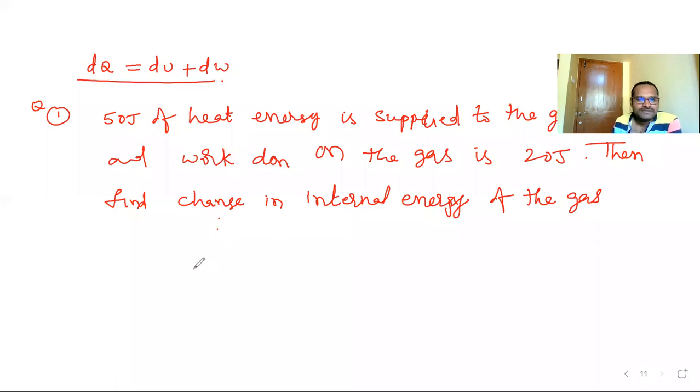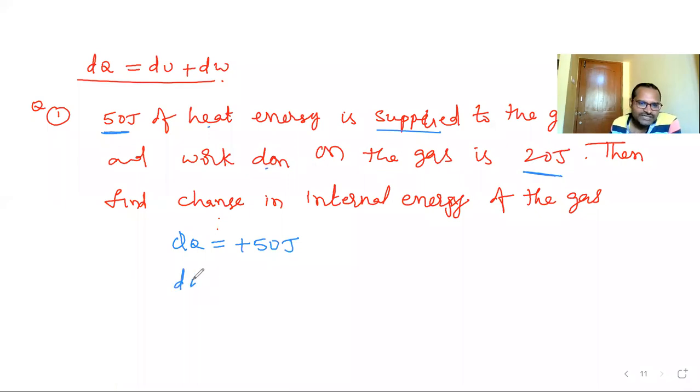See, 50 joules. What is happening? Heat is supplied to the gas. So dq value how much? dq value is plus 50 joules. And what is 20 joules? It is work done on the gas.